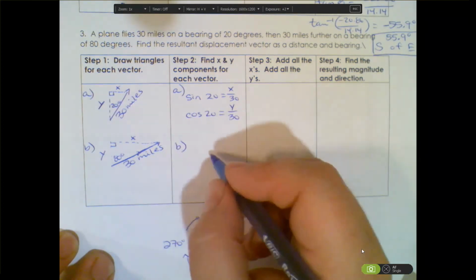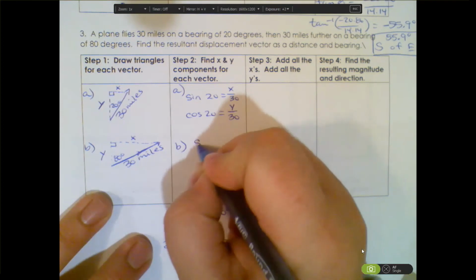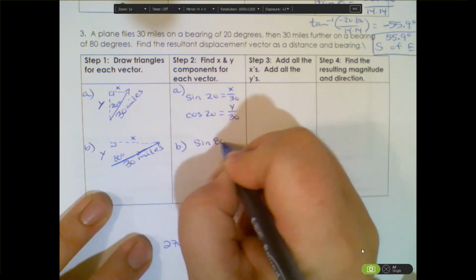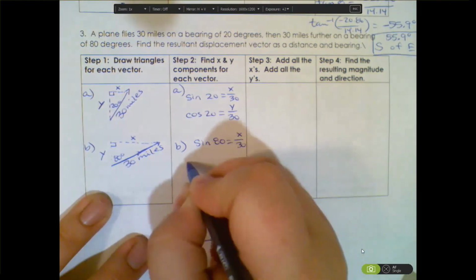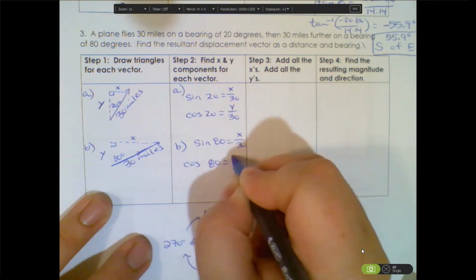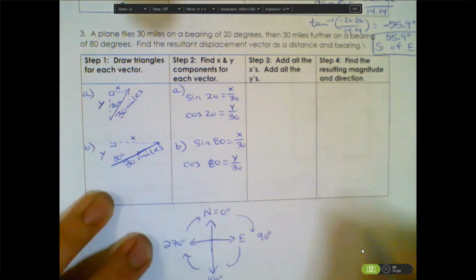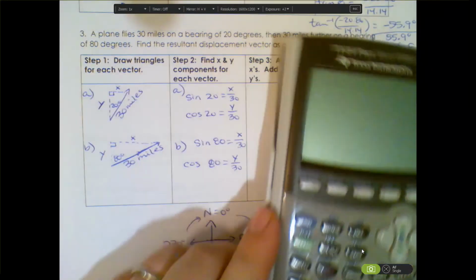And I'll solve those in just a minute. Then for B, I have the sine of 80 equals x over 30, and the cosine of 80 equals y over 30. All right, let me solve all those pieces here.